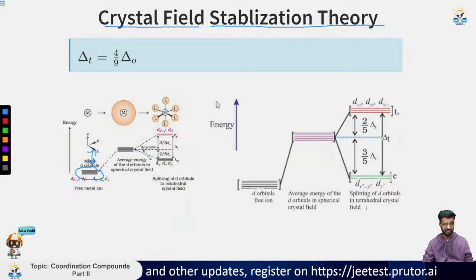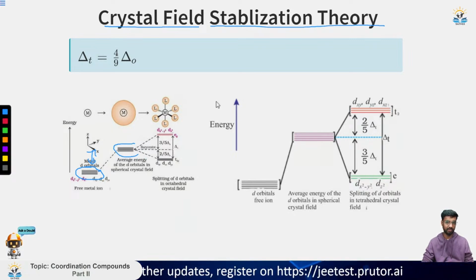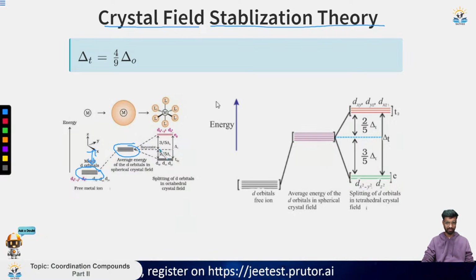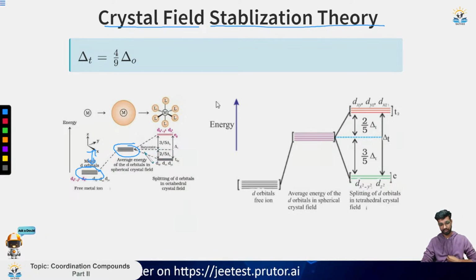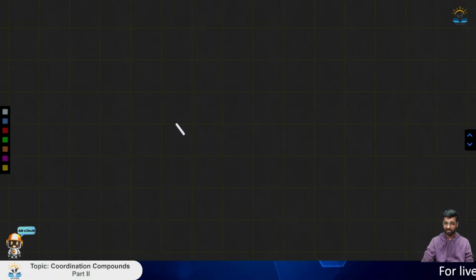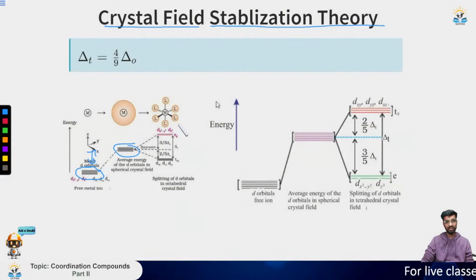Now this is the set of all five d orbitals. They are split into two parts. Why is this kind of splitting happening, meaning why is this one getting a higher energy and this one a lower energy? I have told you earlier that in the formation of octahedral complexes, the ligands approach along the axis.